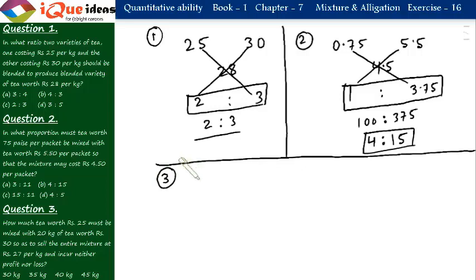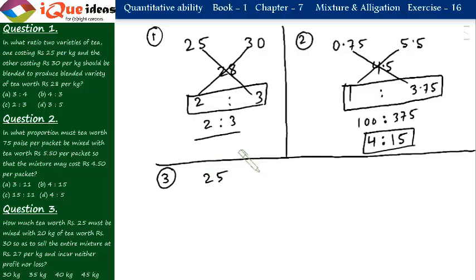Now question number 3. It says, how much tea worth rupees 25 must be mixed with 20 kg of tea worth rupees 30, so as to sell the entire mixture at rupees 27 per kg and incur neither profit nor loss? Alright, so 27 should be the average.